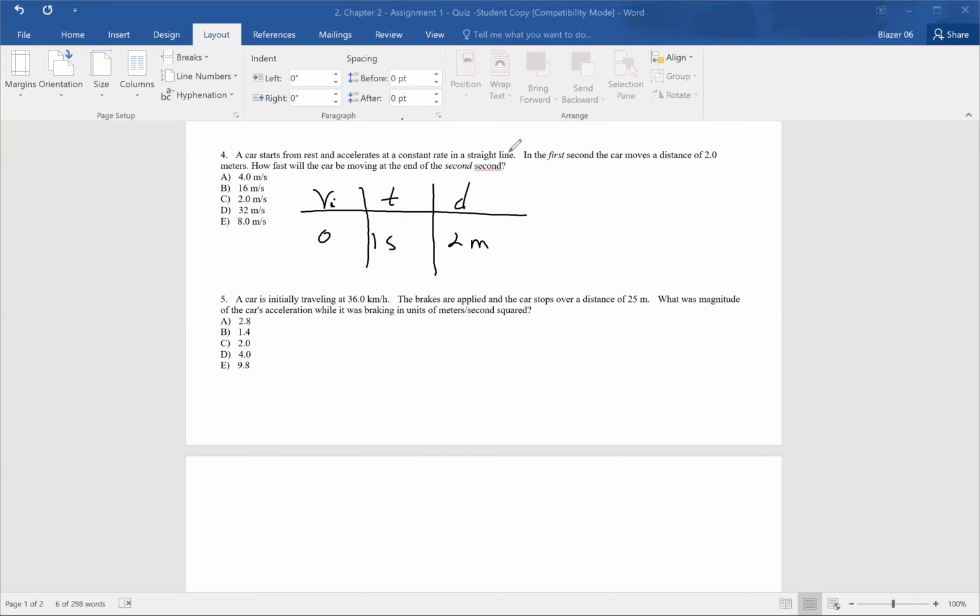So this question I chose because I want you to understand what is meant when the car is accelerating. So here, this marks my initial position. The car moves a distance of 2 meters in the first second.